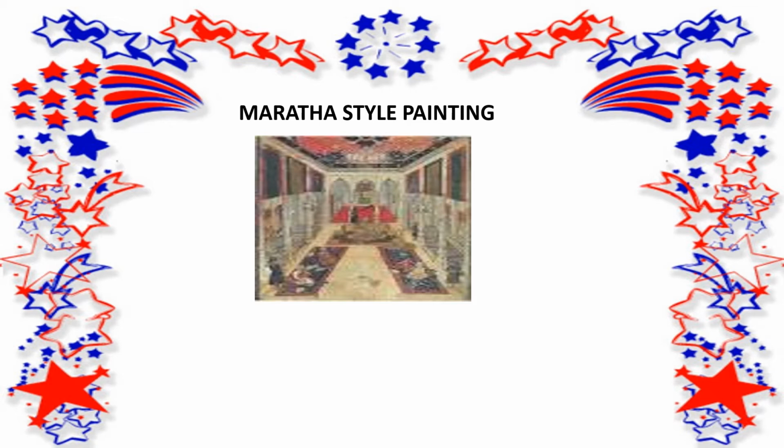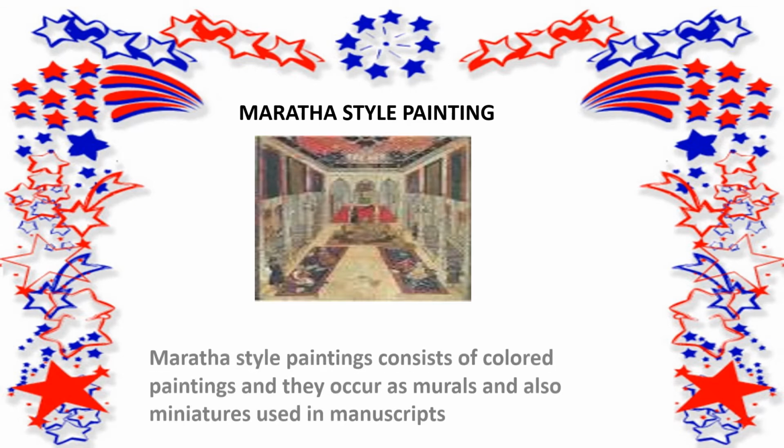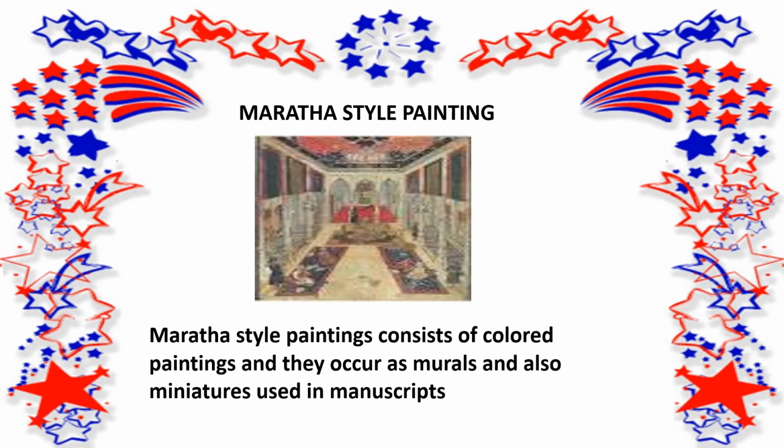This style consists of colored paintings as they occur as murals and also miniatures used in manuscripts. Murals of Maratha style can be seen in old Vadas, especially Vadas in Pune, Vadas in Wai, Menavali, and some Vadas of Satara in Maharashtra. This Maratha style is influenced by the Rajput and European styles of painting.